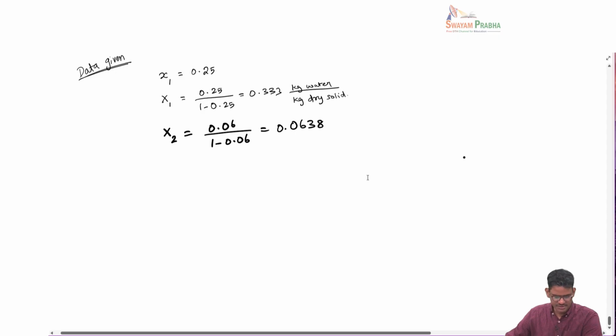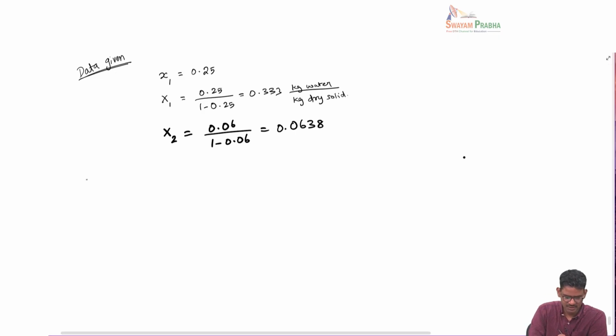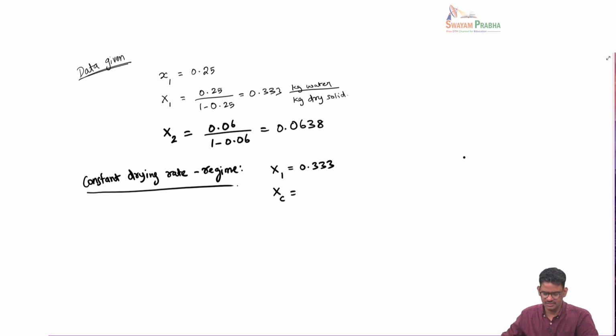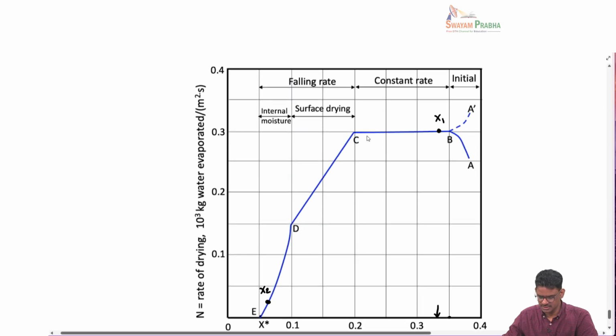The first range is the constant drying rate regime. Here, x1 is the initial moisture content, which is 0.33, and the critical moisture content xc is 0.2.